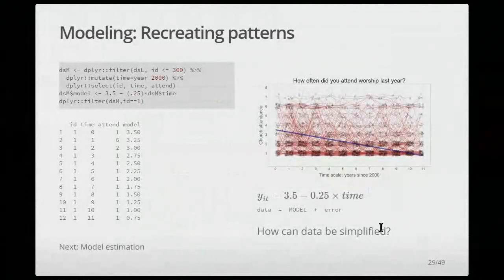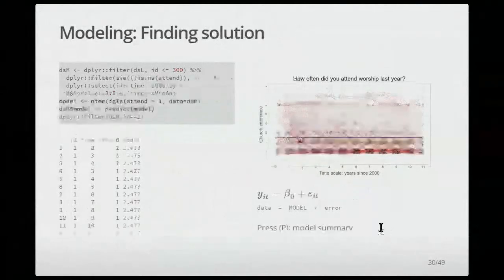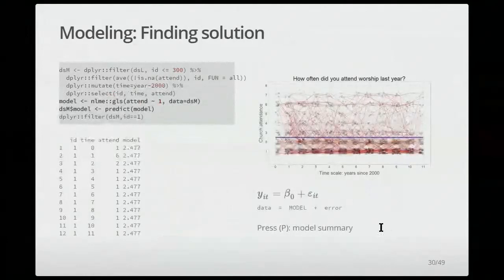So instead of guessing, we can estimate the model, and this is the next step in our development. In here, we're already familiar with this code. We define how the data set with which we're working is defined in terms of our data stage DSL.